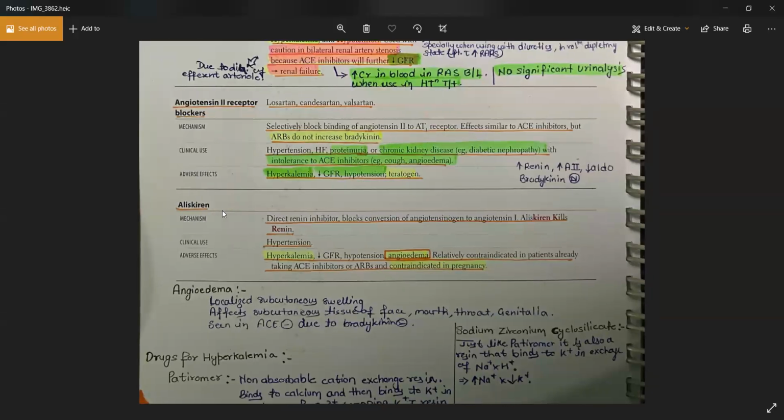Then you have aliskiren, which is a direct renin inhibitor. If you inhibit the renin, it will inhibit the conversion of angiotensin 1 to angiotensin 2, and as a result you will have a low level of angiotensin 1, low angiotensin 2, and low aldosterone. And what about the renin, rise or fall?